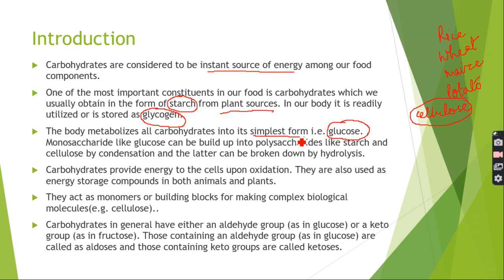So it is usually the polysaccharides which I was mentioning, like starch for example, that are broken down by our body into the simplest unit of carbohydrate, that is glucose. Glucose is basically a monosaccharide, and several monosaccharides join together to give rise to a polysaccharide like starch.